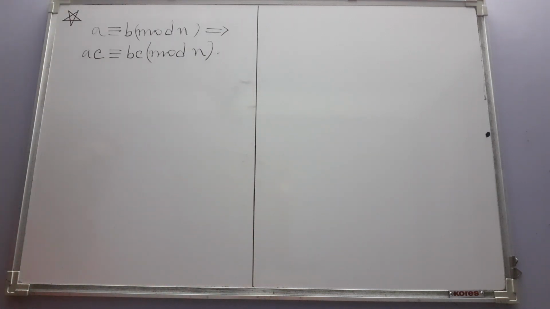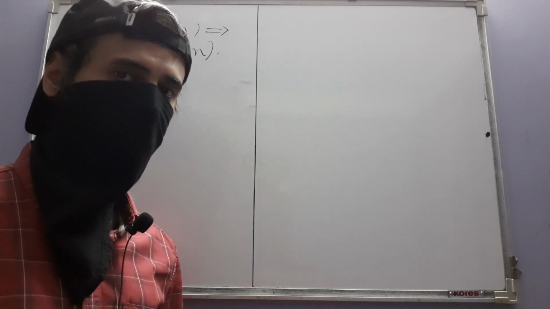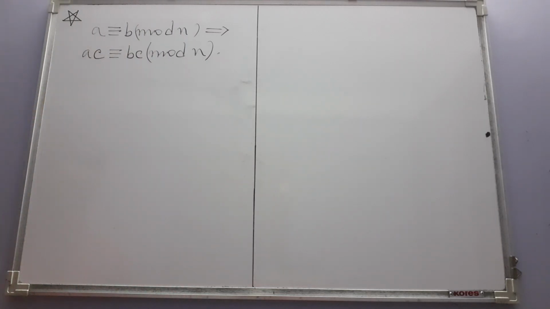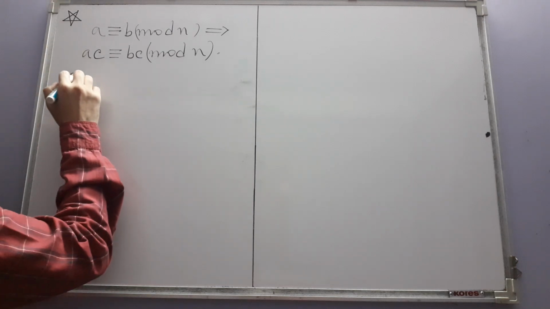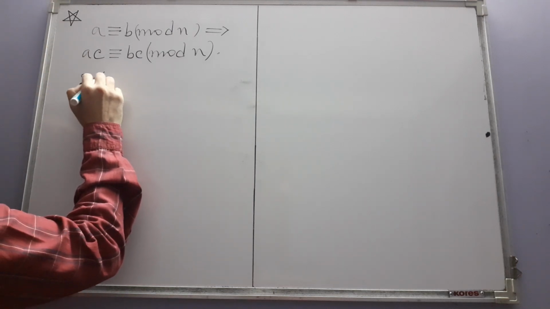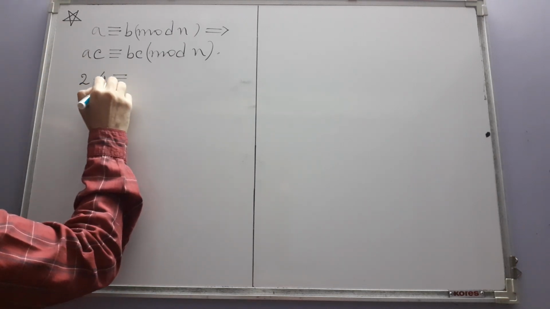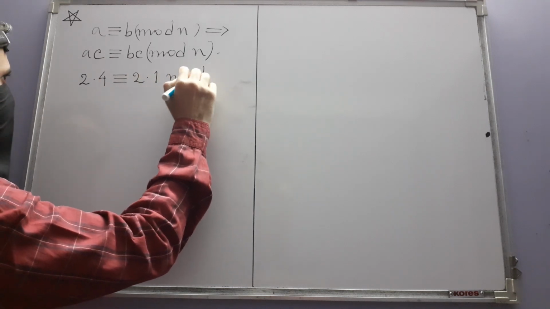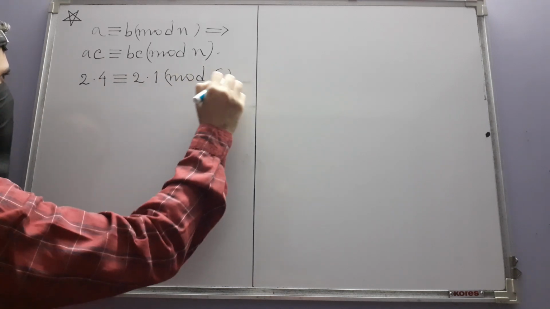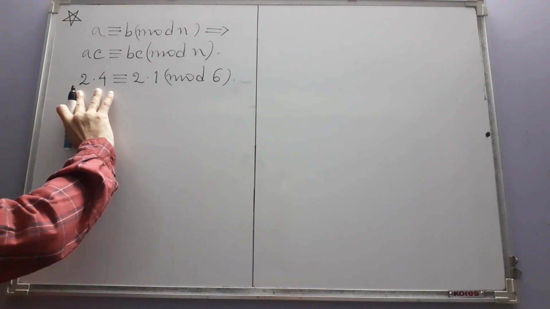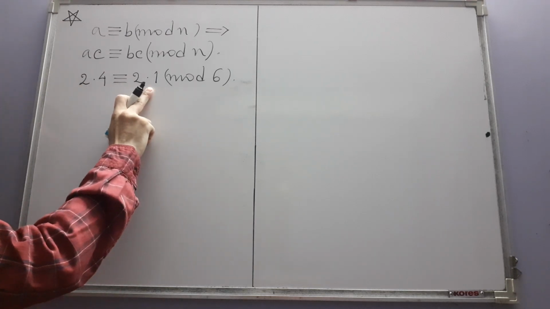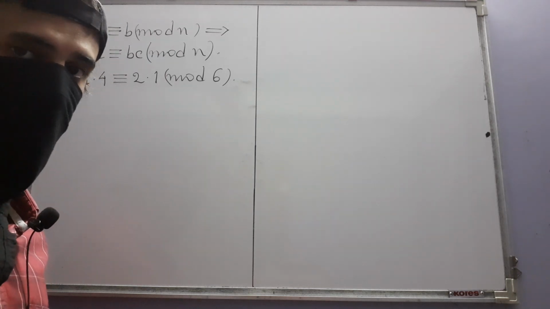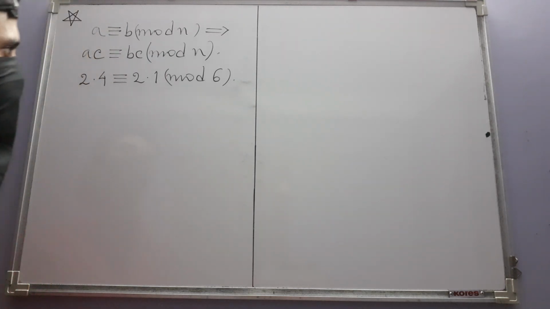But the converse of this implication is not in general true. An example showing that is this: 2 times 4 is congruent to 2 times 1 mod 6, because this side is 8 and this side is 2, and the difference of 8 and 2 is 6, so of course 6 is divisible by 6.